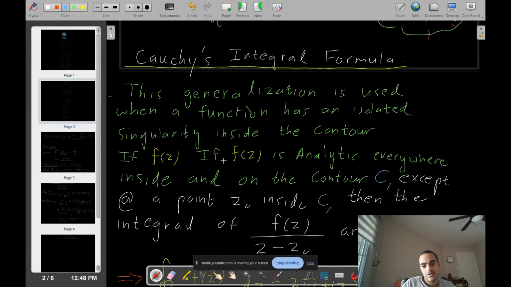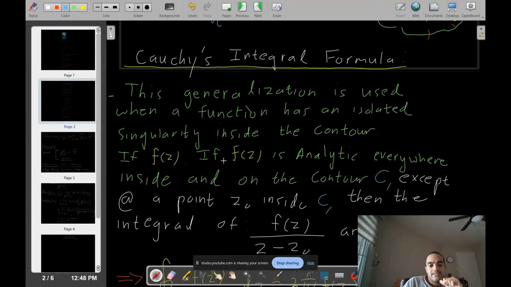What I mean by that is it's used when a function has an isolated singularity. A singularity, first off, is what is in the denominator of your complex function. So let's say you had f of z over z. z cannot equal 0. That's a singularity. That gives you an idea of what a singularity is: a point which cannot be defined in the denominator of your function.